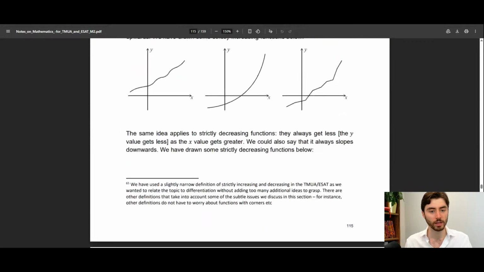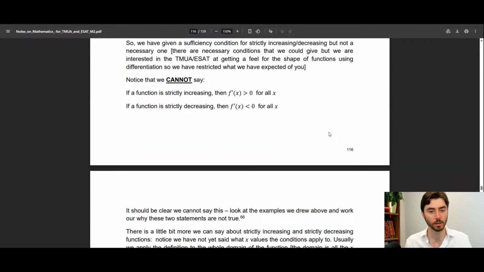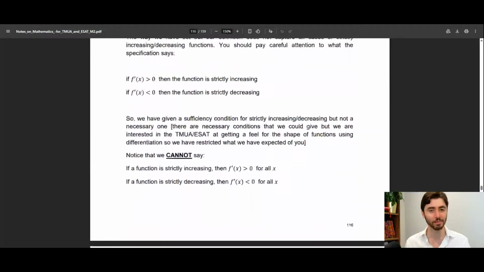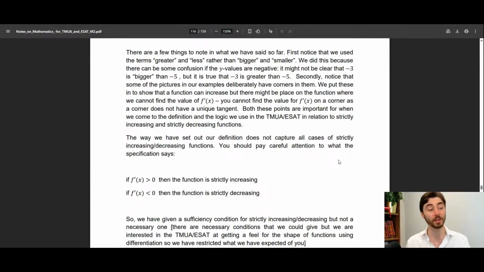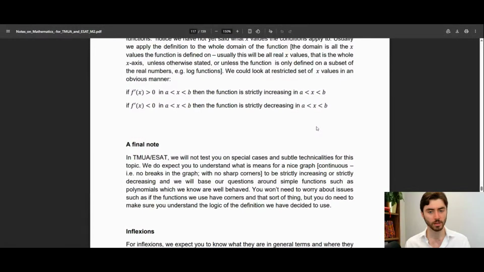Applications of this, so finding turning points. Again, this feels a bit more TMUA. The ESAT is more application-based, but this necessary and sufficient stuff feels very TMUA. But it's possibly worth going through. So if you need a bit more than what I've done, these notes seem to be extremely good at walking you through how this all works.